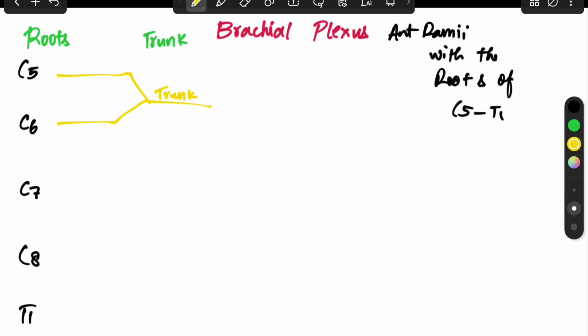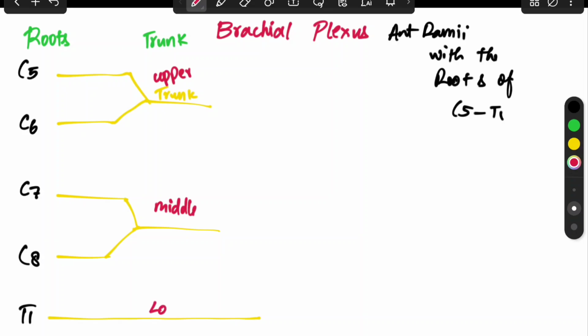Then C7 and C8 combine to form one trunk, and T1 itself gives a single trunk. I am going to name these the upper trunk, the middle trunk, and the lower trunk. There are three trunks formed from the roots.